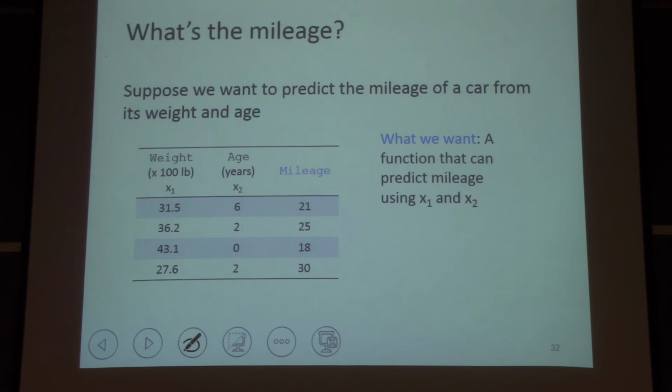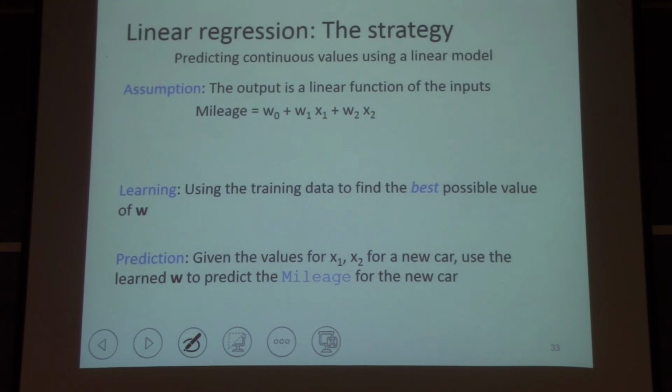It's not a classification problem because the output of a classifier is either true or false. Here we are predicting a real number, so first of all, it's a regression problem. And in particular, we'll be looking at linear regression, which is simply pretending that the output is a linear function of the input.